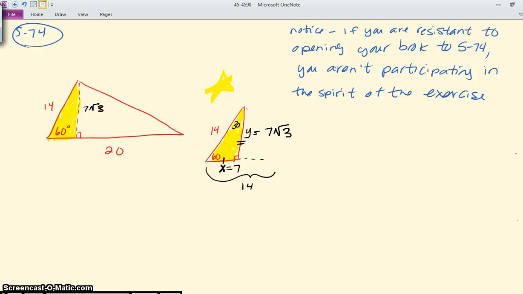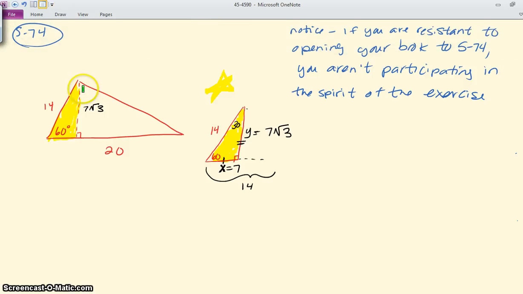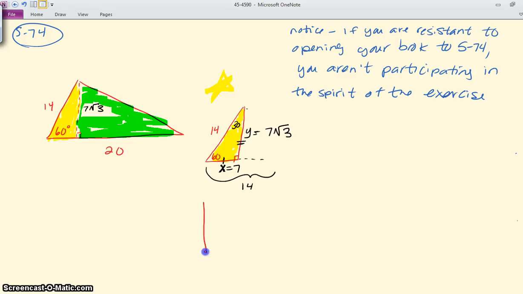Which leads us to another triangle. So the 7 square root 3 is a piece of information in two triangles now. We have a right triangle with one leg that is 7 square root 3.